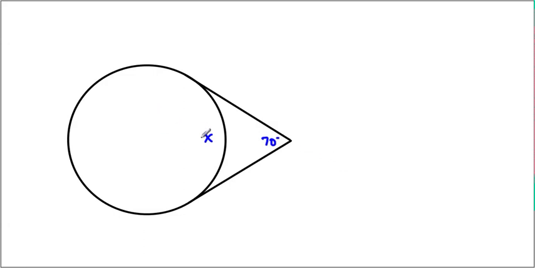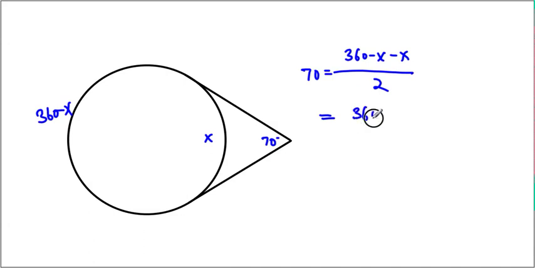Then to find out the other measure, since this is x, this must be 360 minus x. Bring all these things together, you get to realize 70 must be equal to (360 minus x) over 2. That is what we're looking at here. We have (360 minus 2x) over 2.